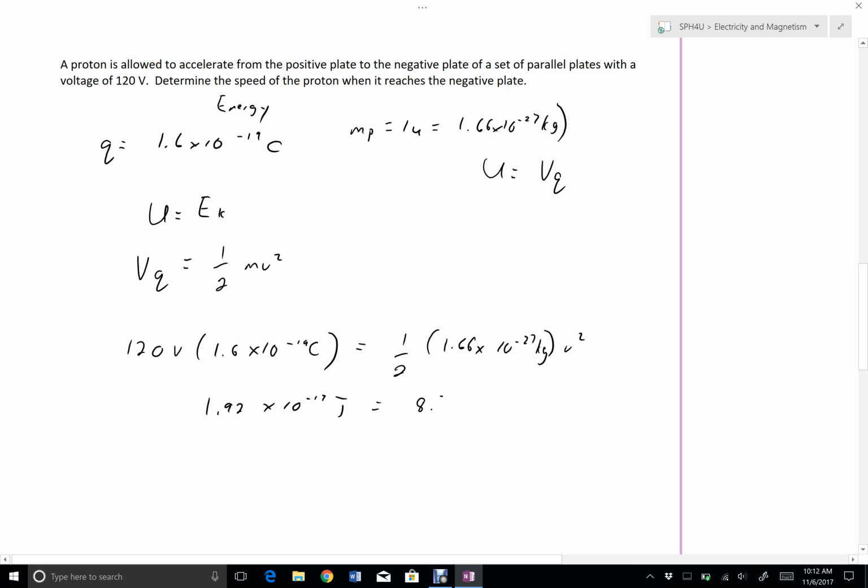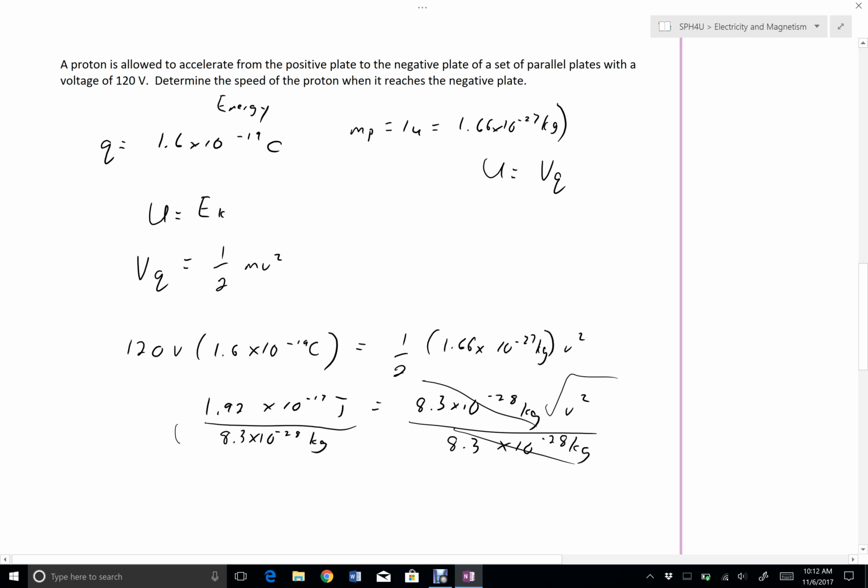Here I got 8.3 times 10 to the negative 28 kilograms, if I divide that by 2, times v squared. Dividing both sides by 8.3 times 10 to the negative 28 kilograms, and cancel both of them out and square root.